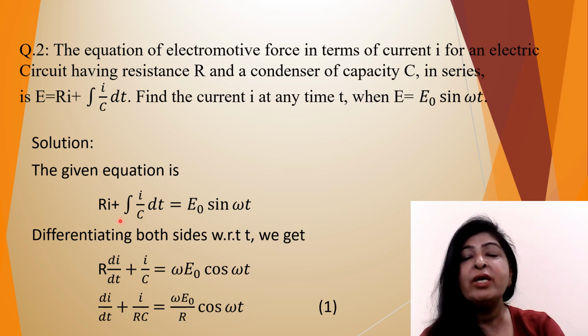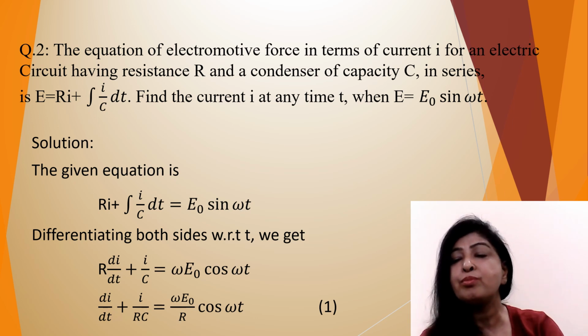Clear? Now differentiating it, you will get R di by dt plus i by C, which is equal to omega E naught cos omega t. So divide it through by R. So what we will get, di by dt plus i by RC is equal to omega E naught divided by R cos omega t.